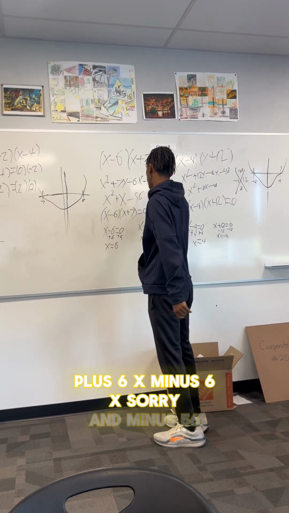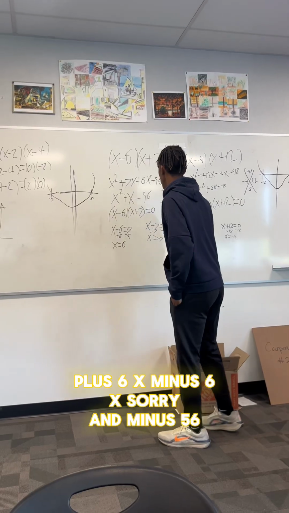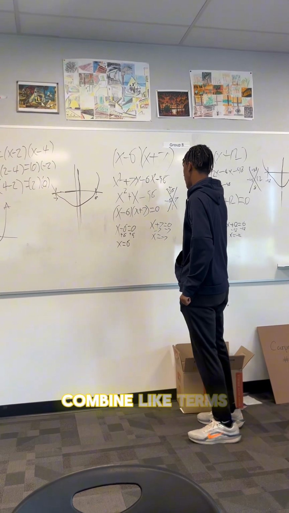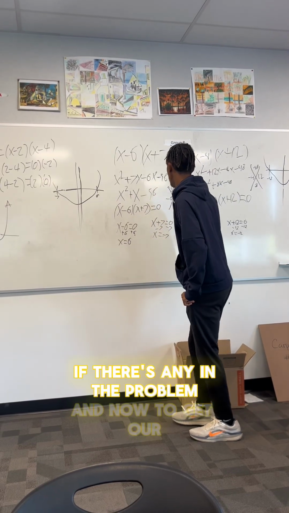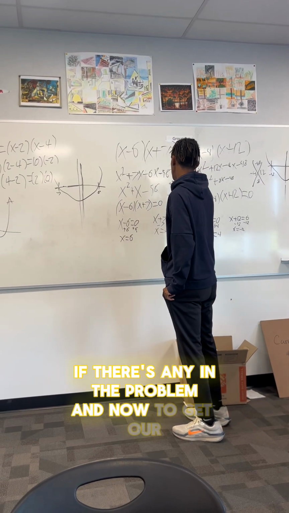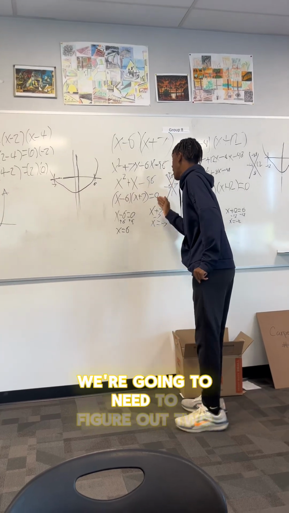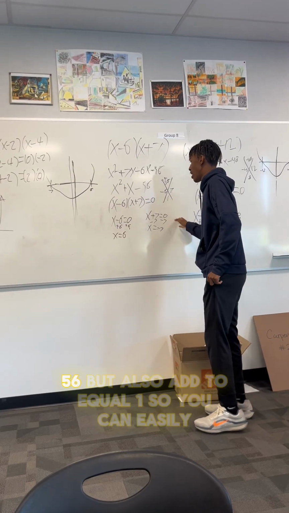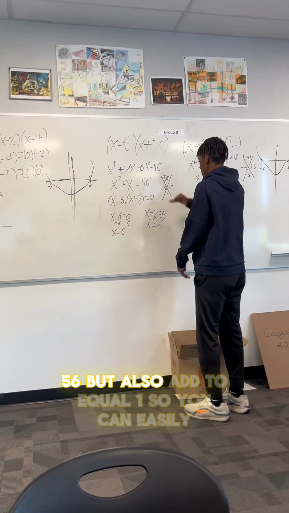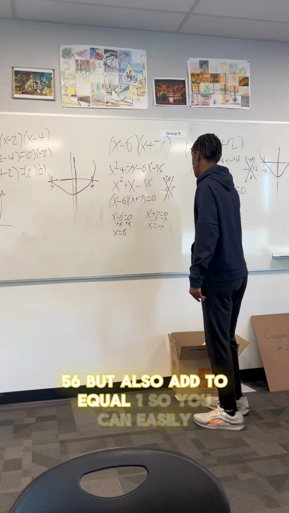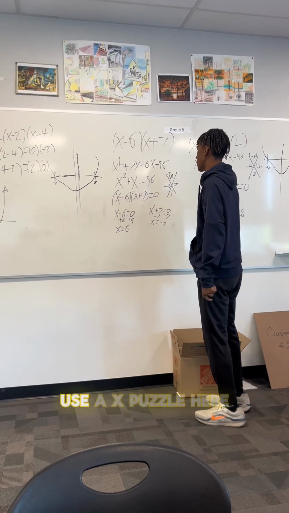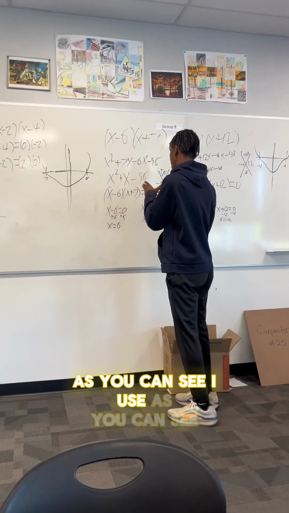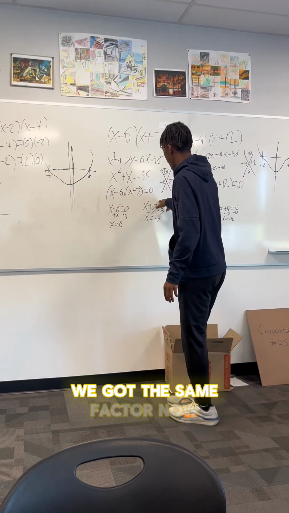Then you combine like terms if there are any in the problem. And now, to get our factored form, we're going to need to figure out 2 numbers that multiply to equal negative 42, but also add to equal 1. You can easily use an X puzzle here. Now you're going to want to put them back in parentheses and set them equal to 0.